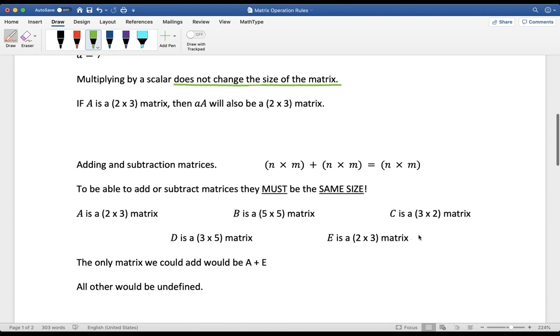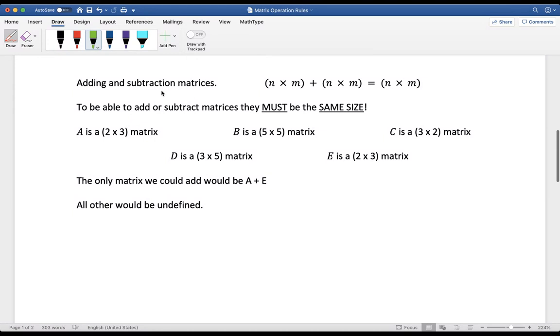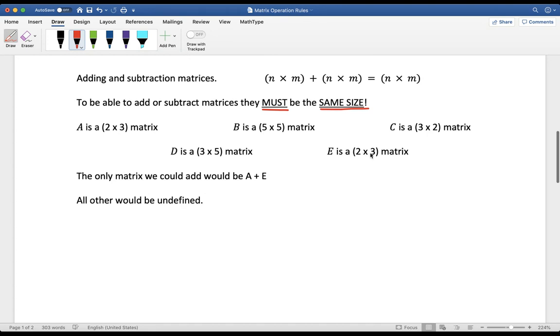The next thing I want to talk about is when we add and subtract matrices, which we've done in a previous lesson. But just remember, when we add and subtract, those matrices must be the same size. So in other words, let's say I have these 5 matrices, and I don't know what the elements in them are, but I know A is a 2 by 3 matrix, B is a 5 by 5 matrix, C is a 3 by 2 matrix, D is a 3 by 5 matrix, and E is a 2 by 3 matrix.